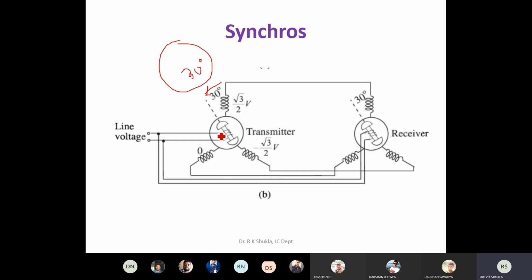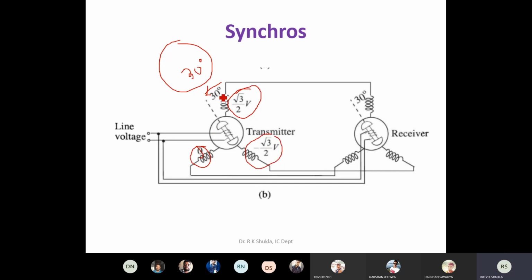I moved the rotor by 30 degrees on the transmitter side. Due to this movement, I am getting say this voltage √3/2, cos 30, cos (120 plus 30), cos (240 plus 30). We put the values in all the equations, then we will get this. On one side we are getting 0, on the third side we are getting minus √3/2.